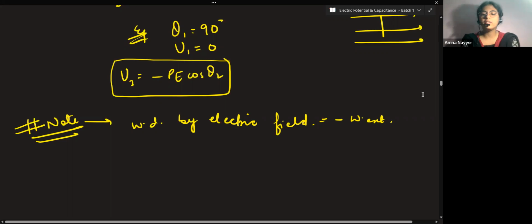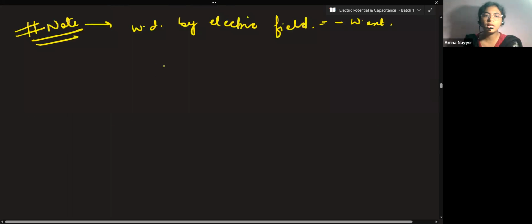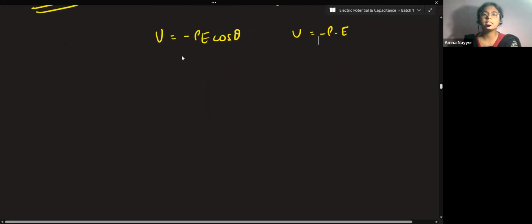Now, this is your general formula for potential energy, minus PE cos theta, or you can write it as minus P dot E also. Now let's discuss it in terms of three major cases that you get.